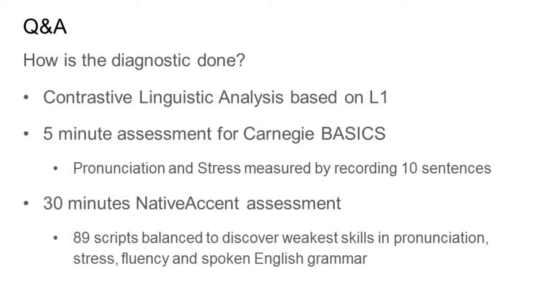Those scripts are balanced to discover what the weakest skills are, and then the intelligent tutor selects from 5,000 activities the ones that are most appropriate for each individual student. So it's individualized instruction, and it adapts based on the intelligent tutoring technology.